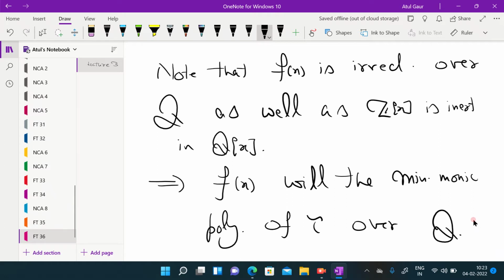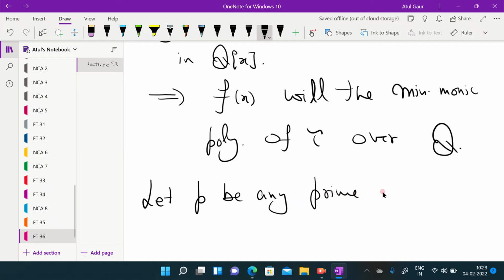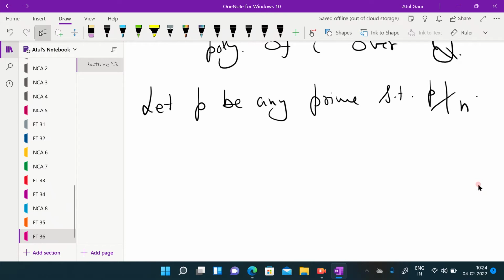So let p be any prime not dividing n. So p is a prime that does not divide n, so it is relatively prime to n. And yesterday we have seen if τ is a primitive nth root of unity, then τ^i is also a primitive nth root of unity if and only if GCD of i and n is 1.